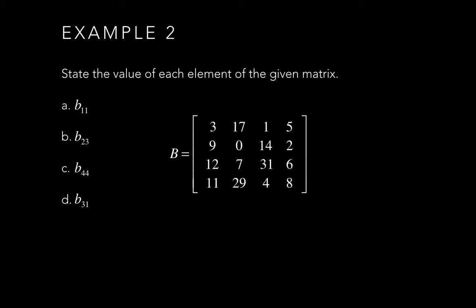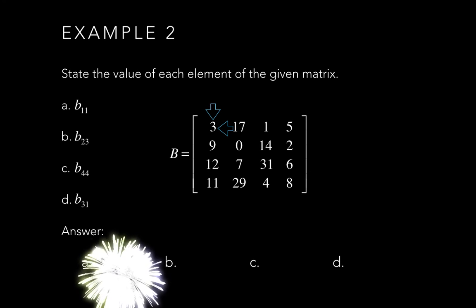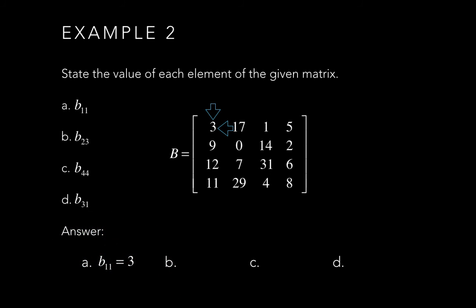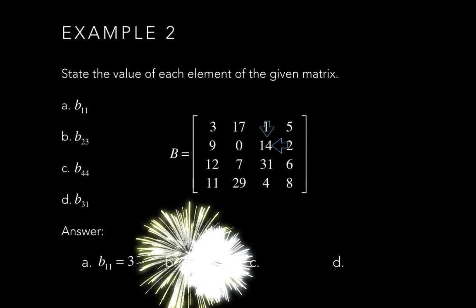Notice that each of these has the letter B because we are looking at matrix B. So why don't we answer these? First, we're going to find B11. Well, the 1 represents row 1, column 1, and the value there is 3. We look to the next problem, and it's B23. That means row 2, column 3. So you kind of want to go across, find where that intersection happens, and that is the value 14.